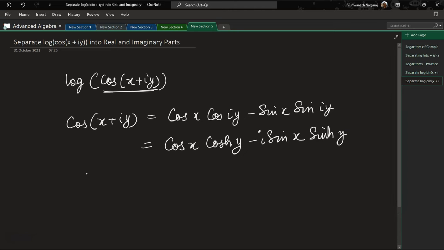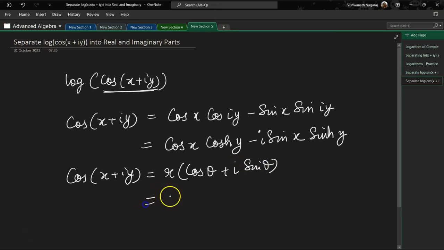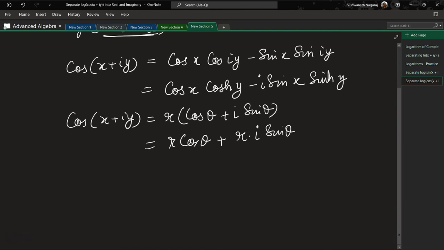Remember, we can also write cos of x plus iy as r cos theta plus i sin theta, which is equal to r cos theta plus r i sin theta. So let's equate the real and imaginary parts.